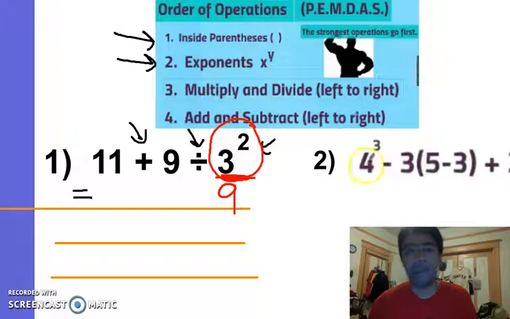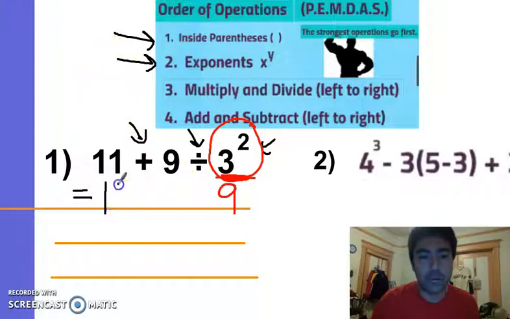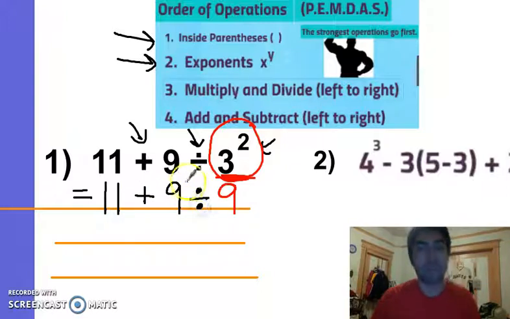Now, I'm not going to add and divide yet, because remember, I'm going to do things one step at a time. So I'm just going to copy the 11, copy the plus, copy the 9, and the division sign right here. All I did was do one step at a time. Now I look at my order of operations again and think, do I see any multiplication or division?